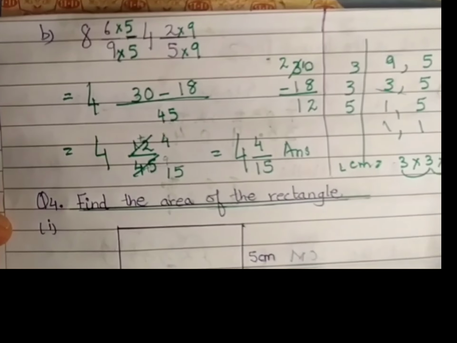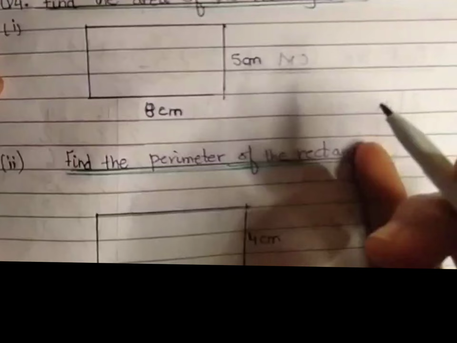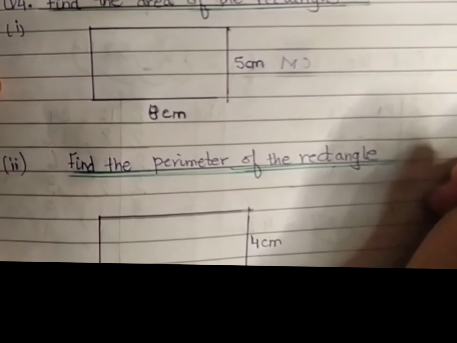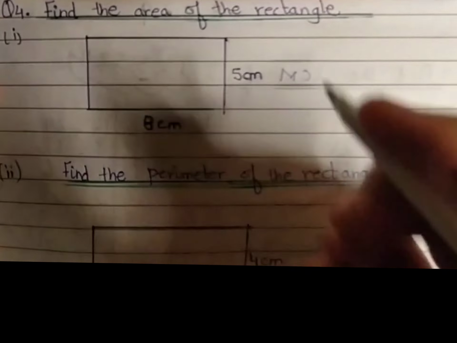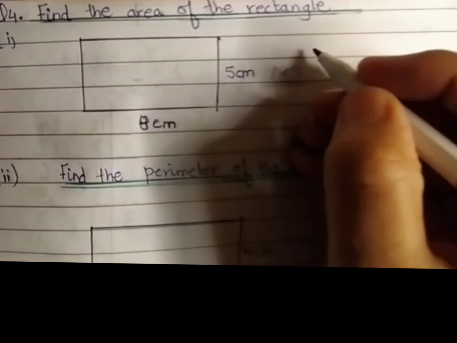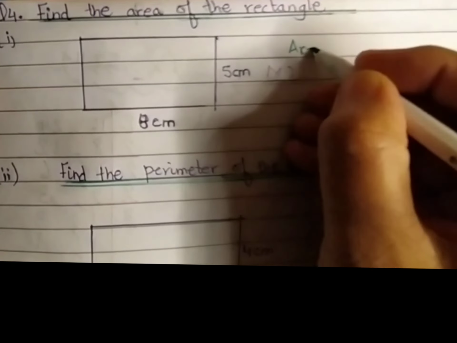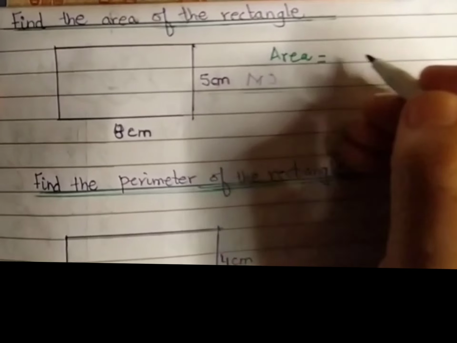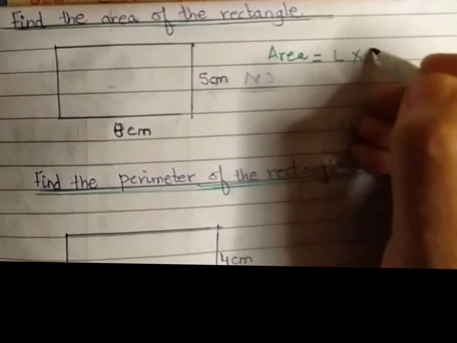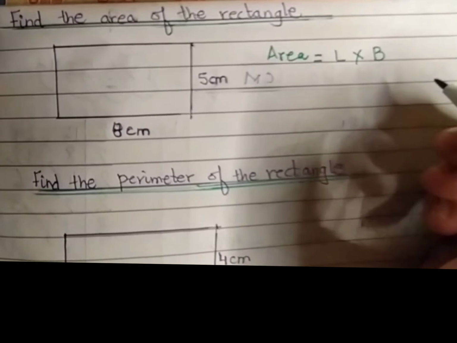Alright, let's move ahead with another question. Find the area of the rectangle. First of all, what will you write? The formula. What is the formula to find out the area? Area equals length multiplied by breadth.